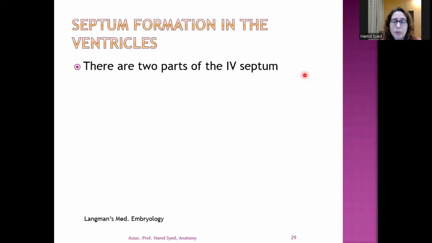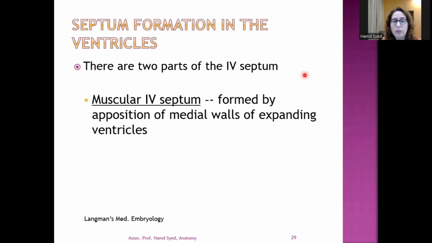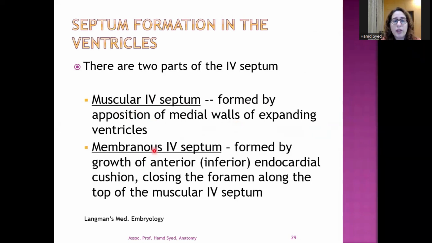They are separated by the interventricular septum, which has two parts, a muscular part and a membranous part. The muscular part is formed by apposition of the medial walls of the expanding ventricles, whereas the membranous part is formed by growth from above by the inferior endocardial cushion, which closes the gap or foramen along the top of the muscular interventricular septum.